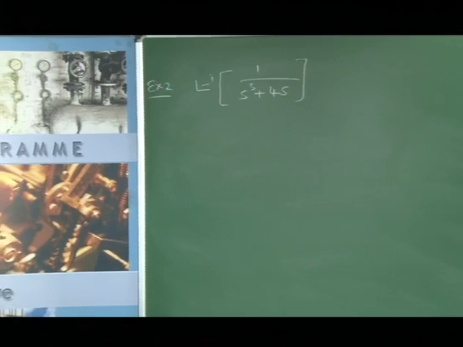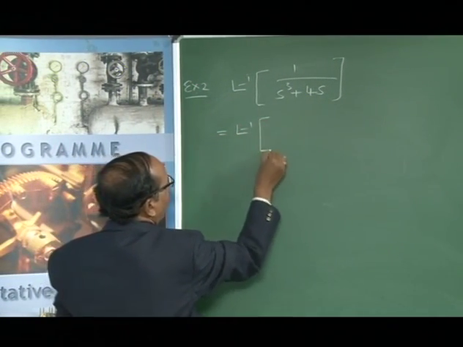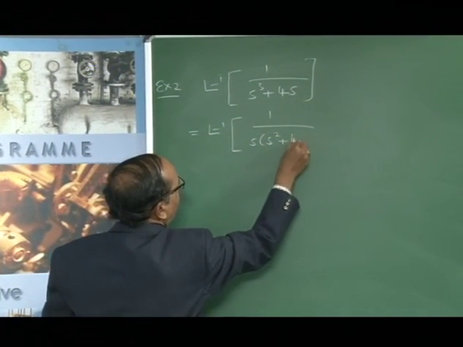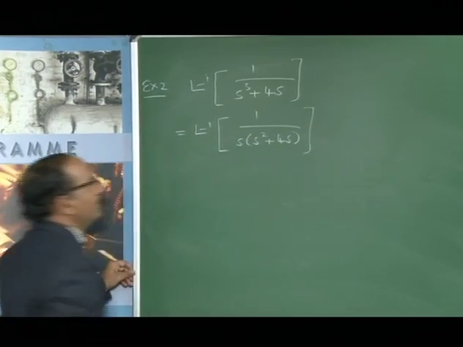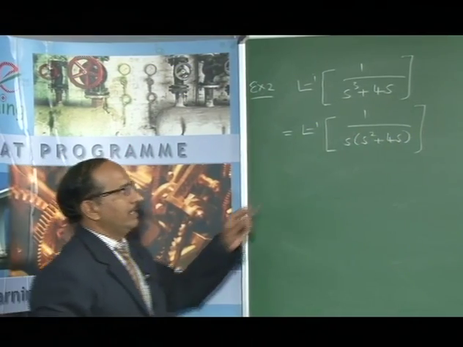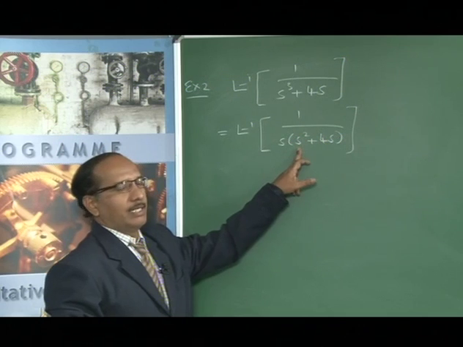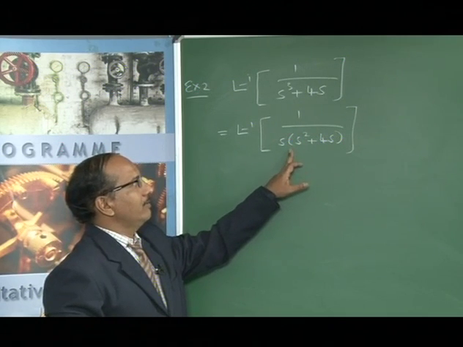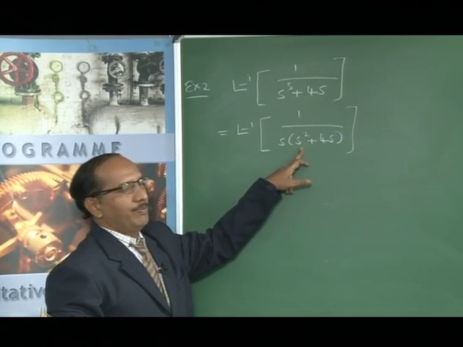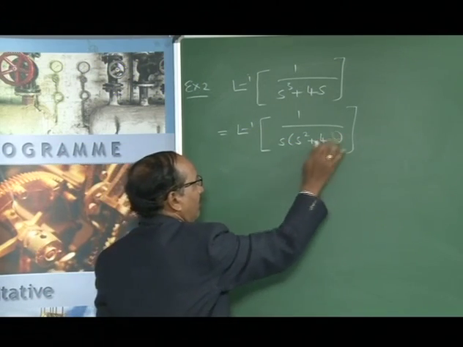So, one can write, taking s common in the denominator, L inverse of 1 divided by s into s square plus 4. Now, one can use the partial fraction method again. See the denominator: one is a linear factor s, the other one is a quadratic factor. By partial fractions we can write a divided by s, then the quadratic term bs plus c divided by s square plus 4.